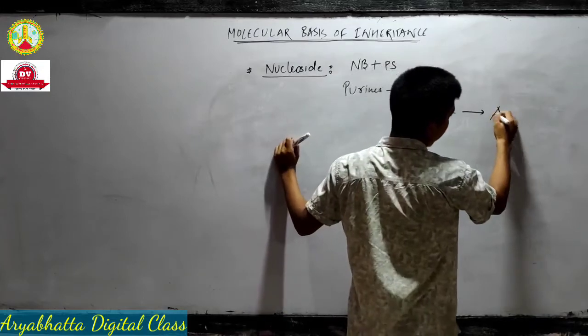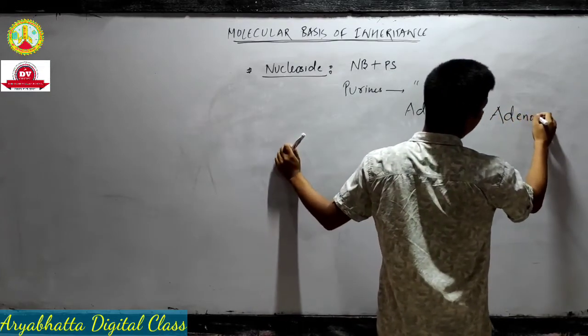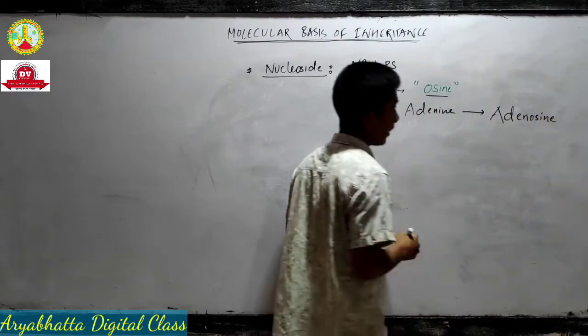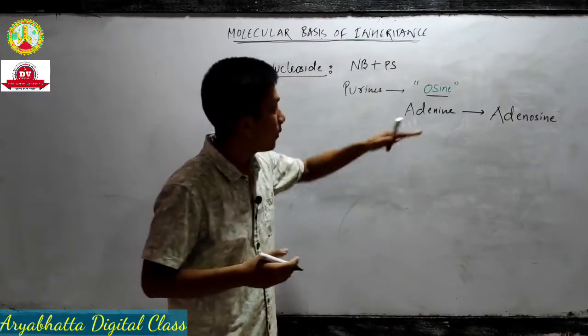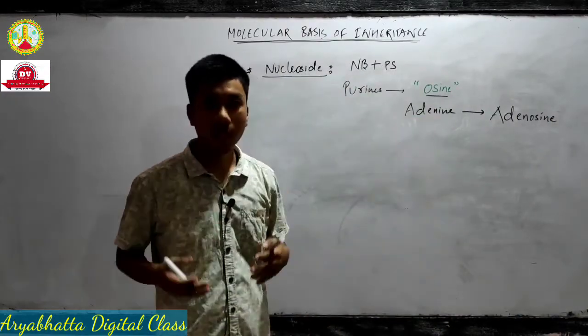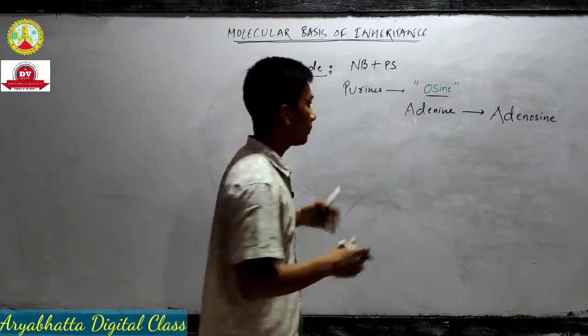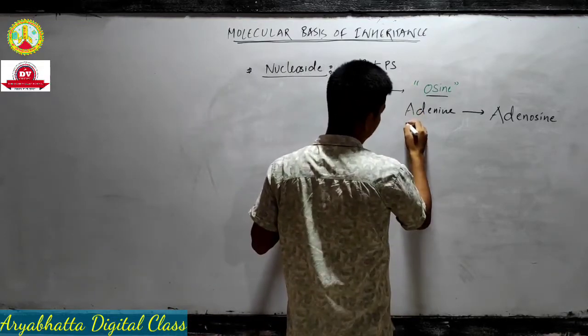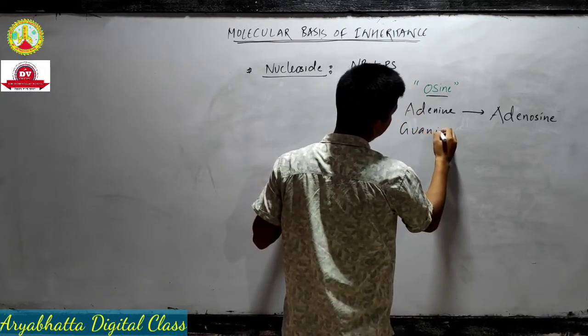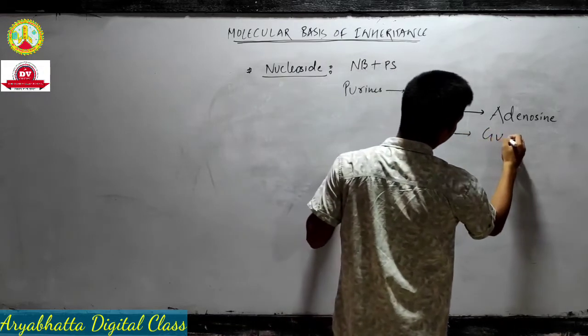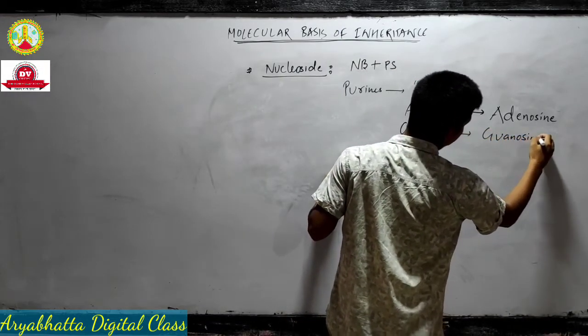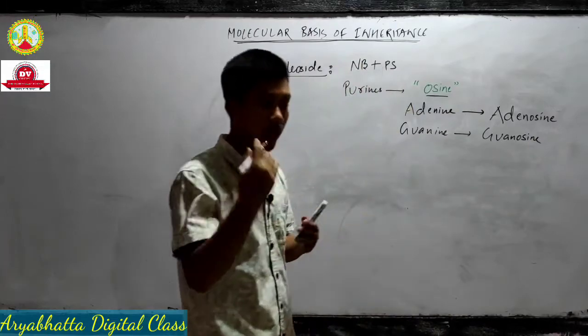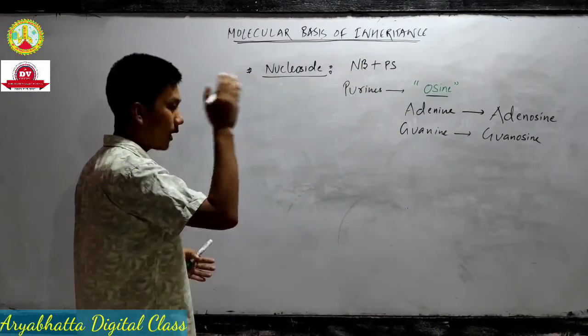So adenine से ये क्या बन जाएगा? Adenosine बन जाएगा. ठीक है. So we read it in a different manner when it is a nucleoside. So guanine will become guanosine. ठीक है. Osine को हम लोग ऐड करते हैं towards the last part of the letter.